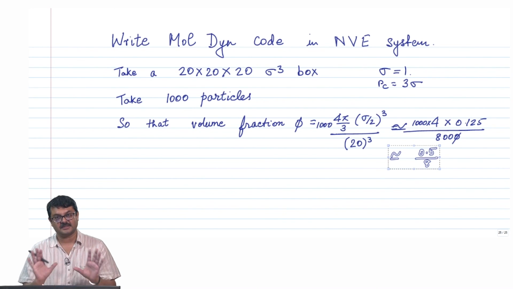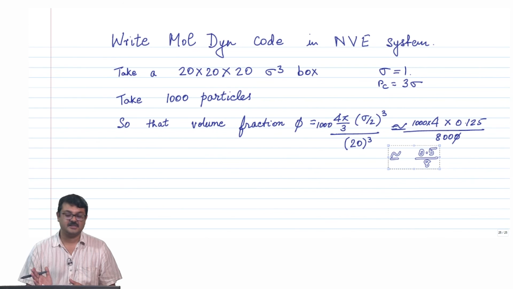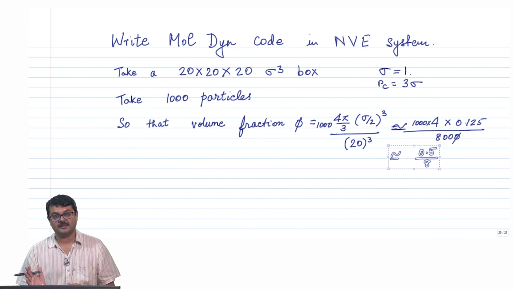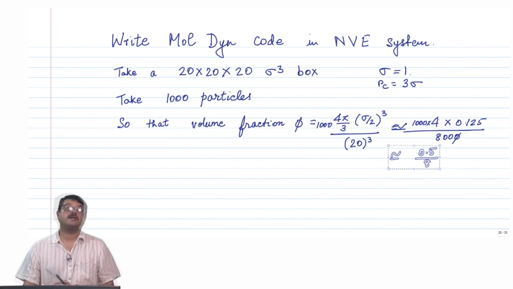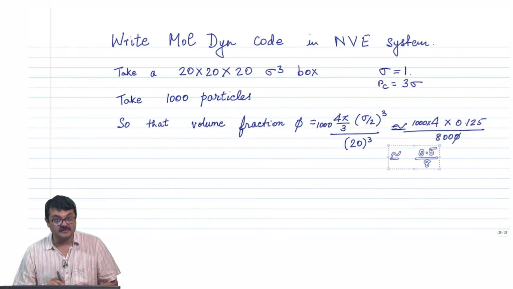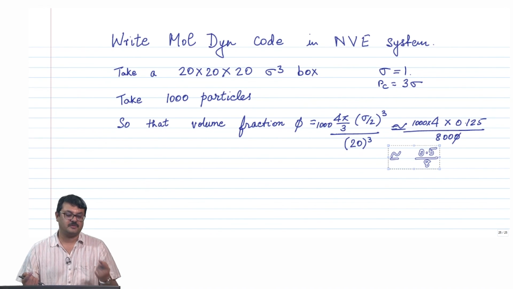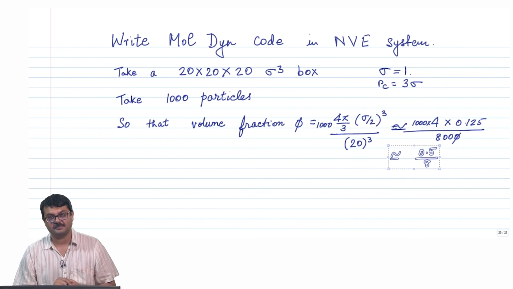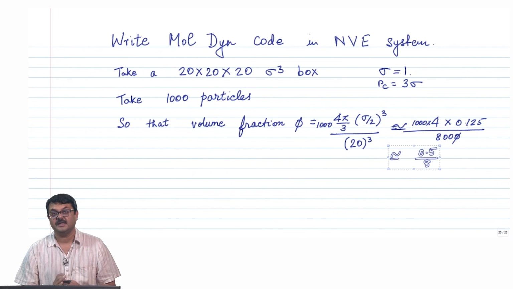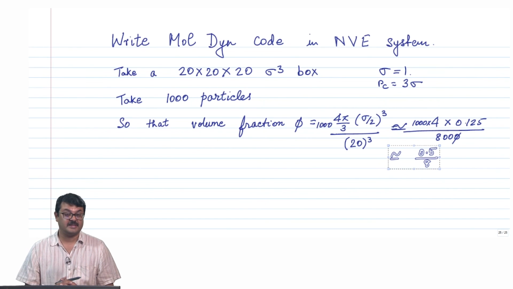You have 1000 particles in a box, they interact with each other and exchange kinetic energy and potential energy, but total momentum will remain conserved, because with pairwise interaction, whatever force acts on this particle, an equal and opposite force acts on that particle. So total momentum will remain conserved with an accuracy of 10 to the minus 16.